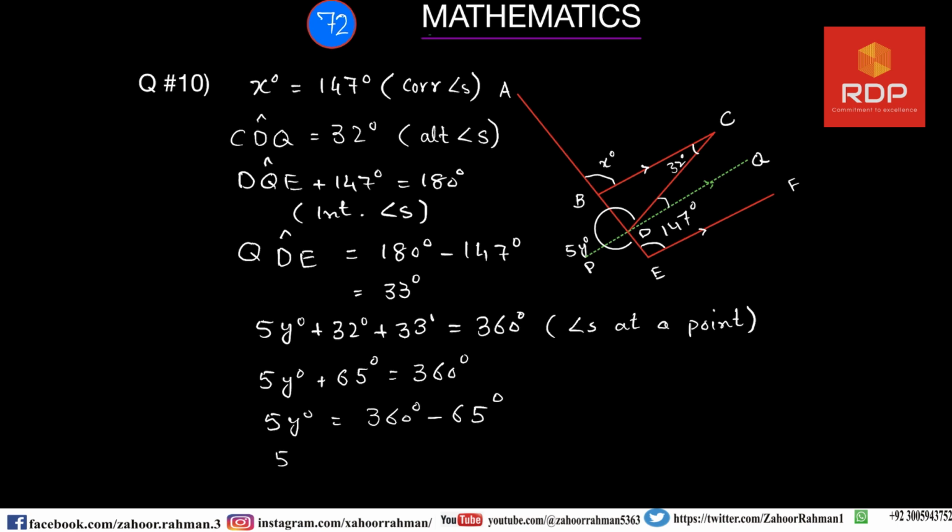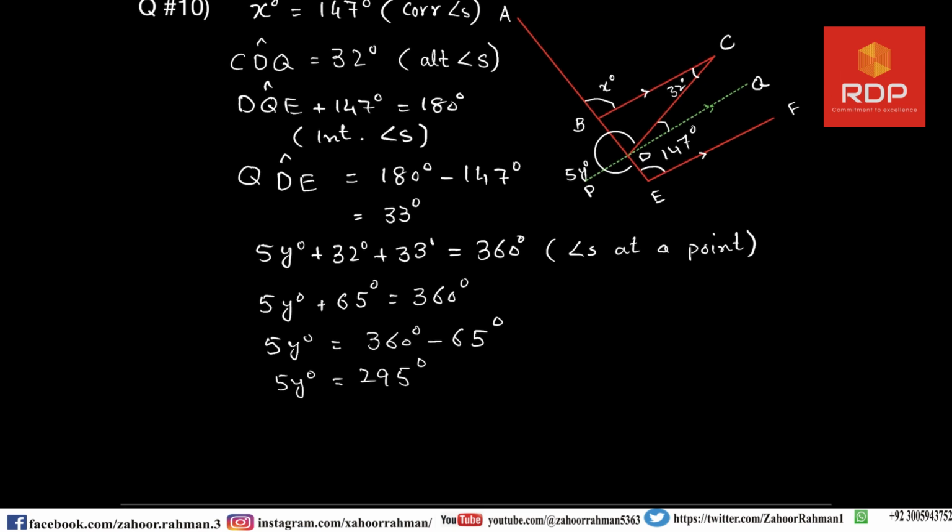Now we are getting 5y degree, and when we subtract it we will get 295 degree. So now we are dividing both sides by 5. As a result we will get 59 degree.